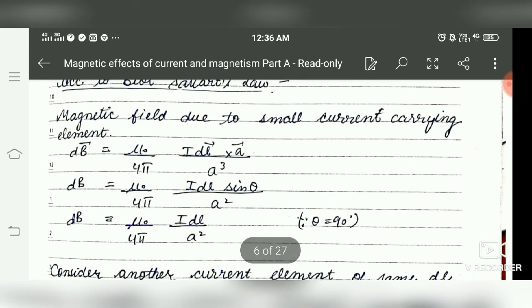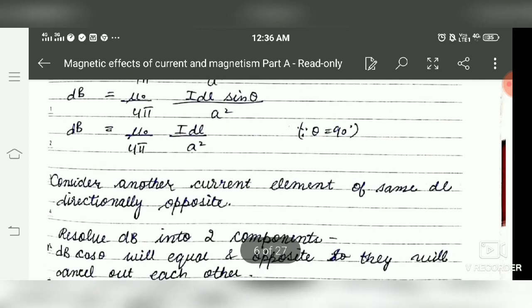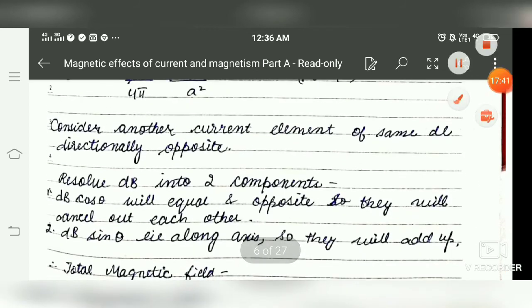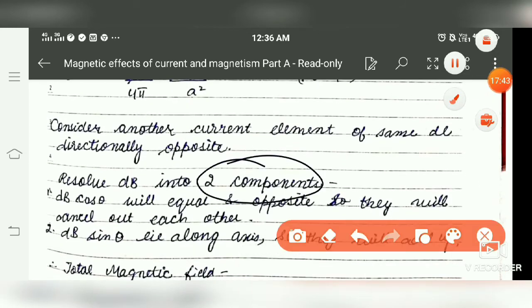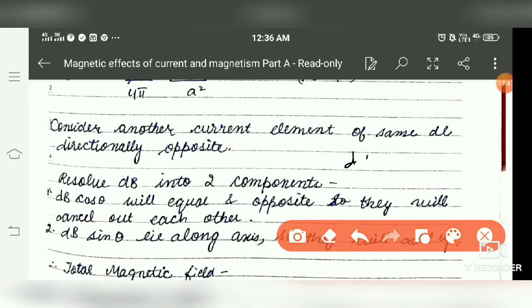So we can say this is the value. As we know, theta between these two is 90 degrees. So by substituting the value we get this value, where it has two components, and similarly we get magnitude of dB1 equal to dB2.